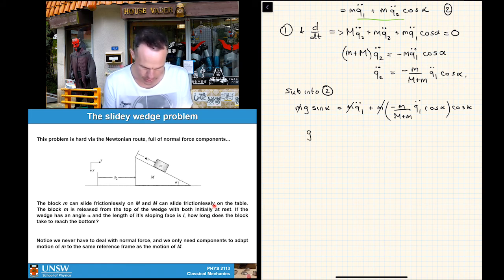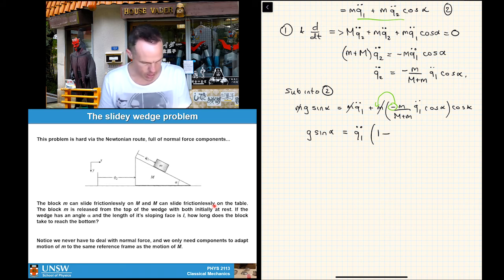So g sin alpha is Q1 double dot times 1. The minus inside here will come out to there, so this is going to be a minus just here. And then we're going to have little m, we've got a cos squared alpha now on big M plus little m, like so.